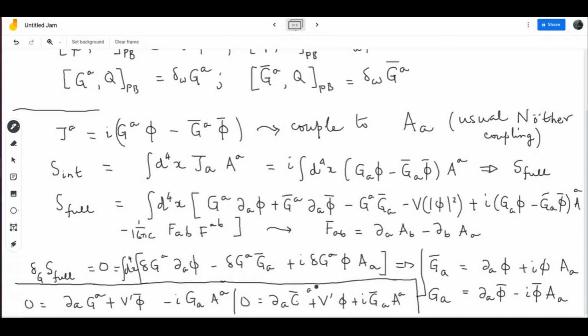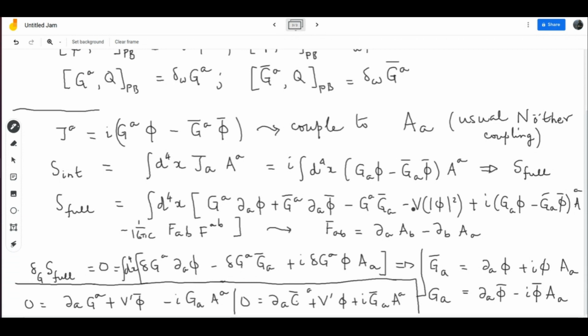So let's see, what do I want to do? Actually, what I want to do, you see, these we can leave for later on. What I want to do is substitute these equations back into the full action. So substitute the G and G bar into the full action.